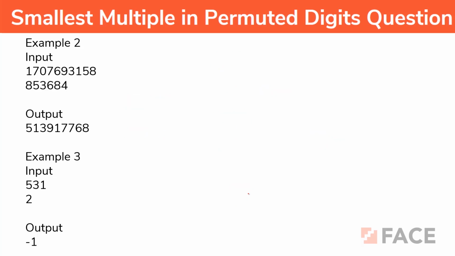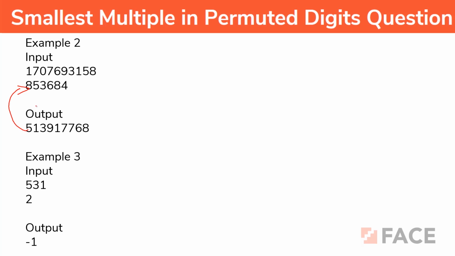Let's check the next test case. Here they have given the input value as a very big number, which is about 10 power 9, and the d value is less than 10 power 5. Here I have to permute all the digits. If I permute all the digits, the smallest permuted number I've got is this number, and this is exactly divisible by d.